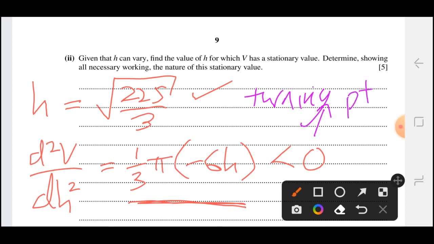Having done that, we have answered this part of the question here.